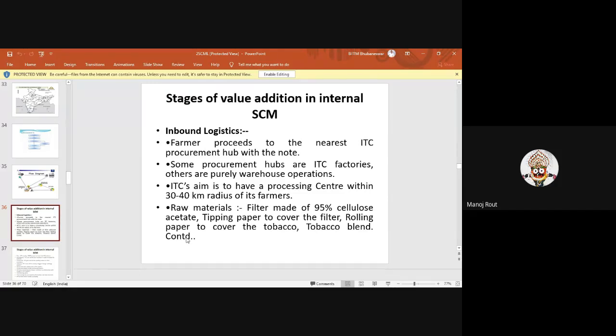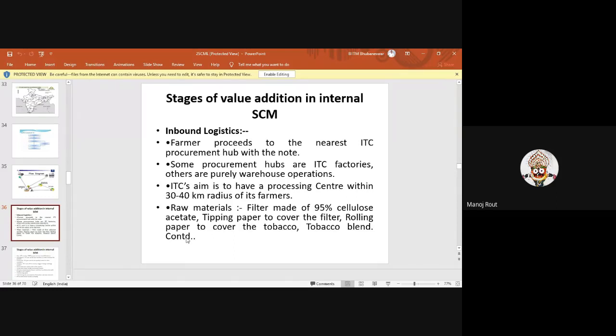So as I told in the last class, the Indo-Arya group has Asia's largest warehouse, and they have a tie-up with ITC, and through the tie-up, ITC can handle various inbound logistics to the nearest states. For example, states like Punjab, Maharashtra, Uttarakhand, Jammu and Kashmir.